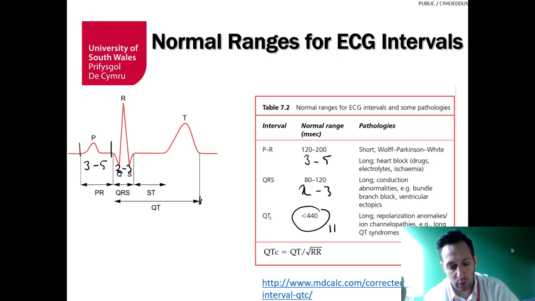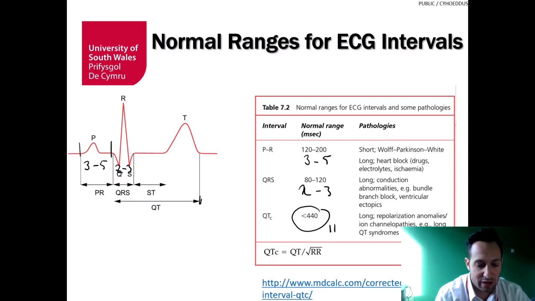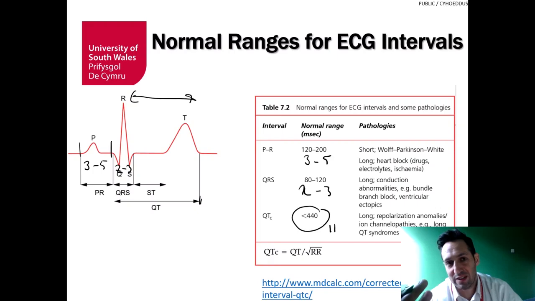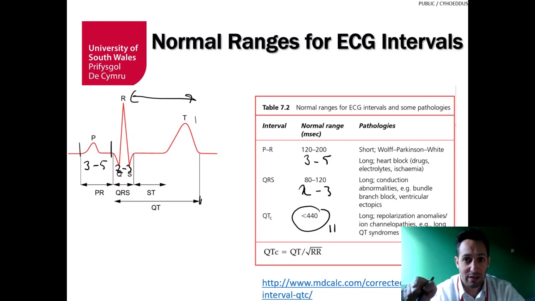As we know, the faster your heart rate goes, the shorter the length of time you get to spend in diastole. It doesn't do anything to systole. So this T wave is going to move left or right depending on how fast the heart rate is.